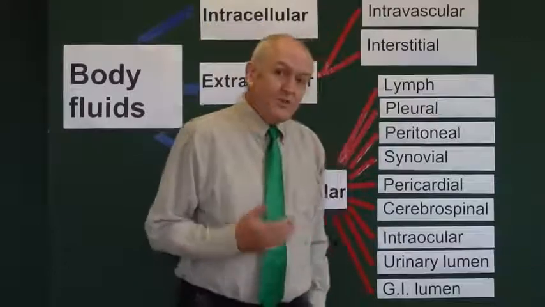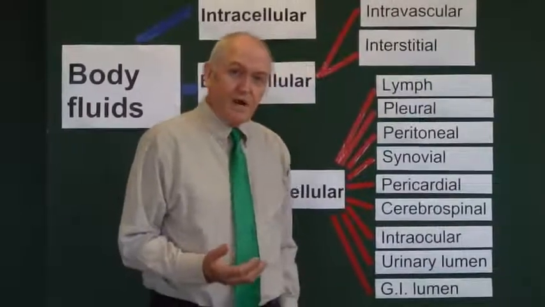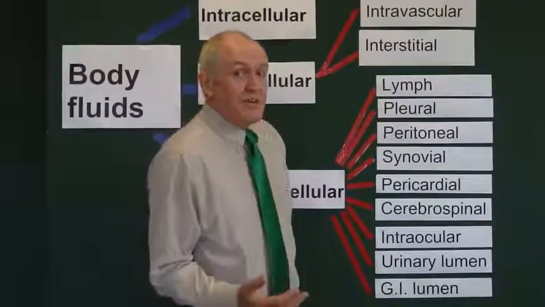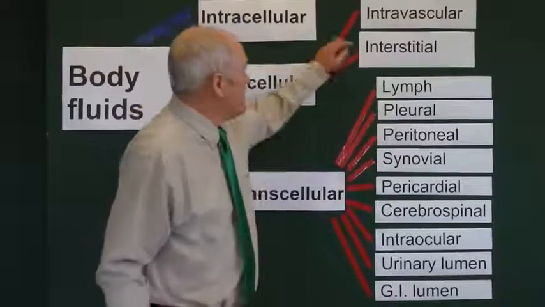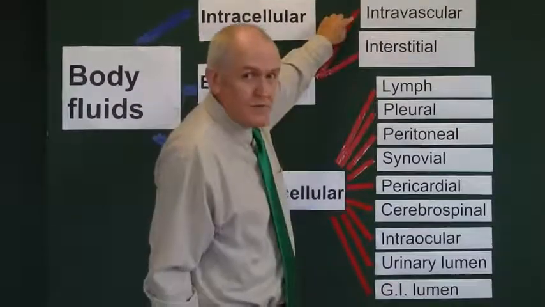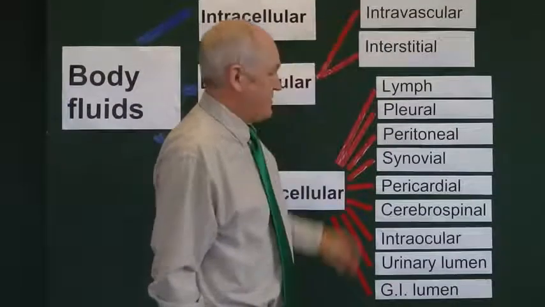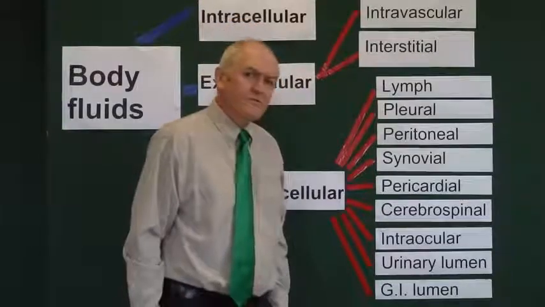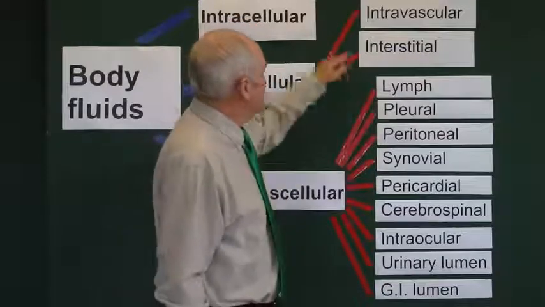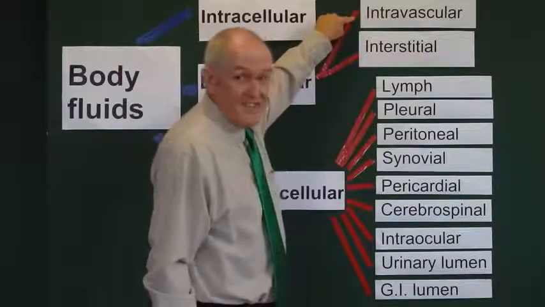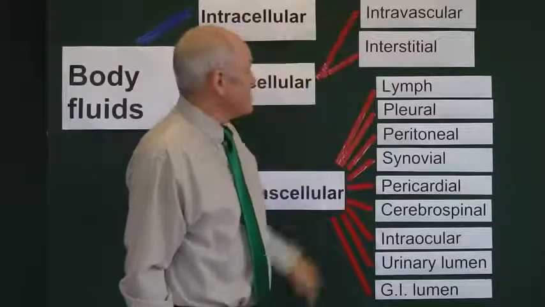Or there could be too much fluid in the intravascular compartment for iatrogenic reasons. We might have overinfused these patients. I hope we don't, but it's a possible complication of intravenous therapy that we overinfuse, giving rise to too much fluid in the intravascular compartment.